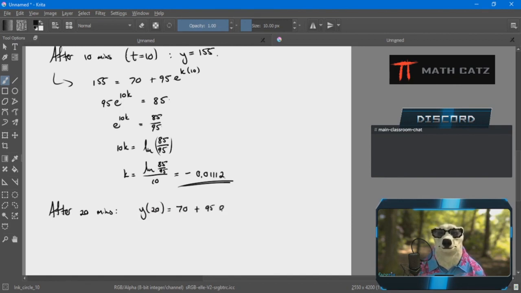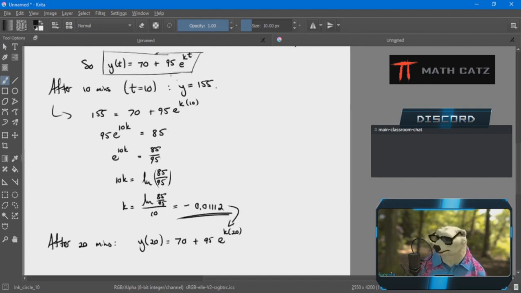70 plus 95 e to the negative, not negative. Well, you can put the k value in, but because it's a non-terminating decimal number, it might be cleaner to just leave it like that. Though I do understand that the situation has a negative exponential portion to it, which means again, I'm going to have the situation over time where here is my 70, my room temperature.